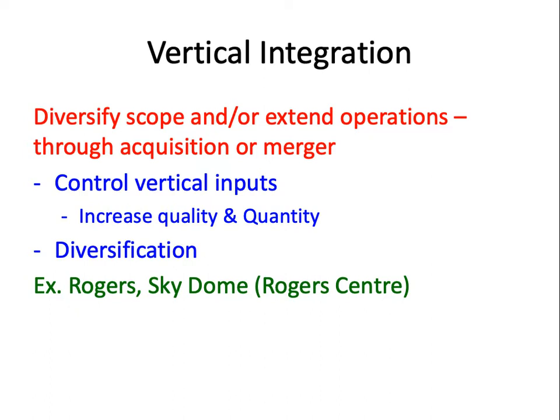There's marketing there, but they own the place where the Blue Jays play, and so they own some of the inputs. And the Blue Jays are an entertainment sporting team which gets played on Rogers networks, and so they own some of that vertical input as well. But they're totally different products. They're entertainment systems as well. But you can understand how they're not the same type of company, right? So the Rogers, SkyDome, Blue Jays, it's very vertically integrated versus horizontally integrated.